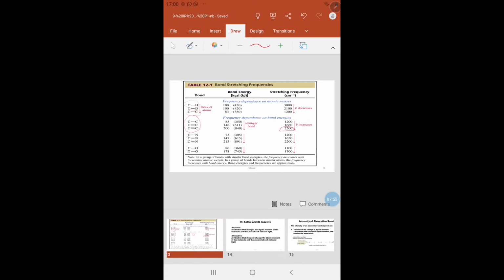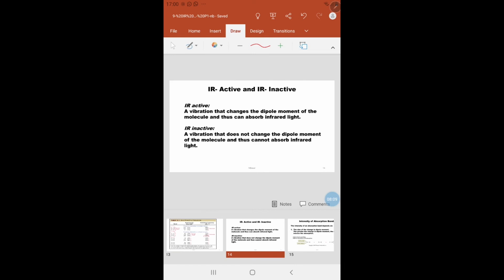So this one you don't need to memorize, because you have the list from the correlation chart. You can just refer to the correlation chart for the frequency. Okay, next, the thing that you need to understand is IR active. What does it mean by IR active and IR inactive?